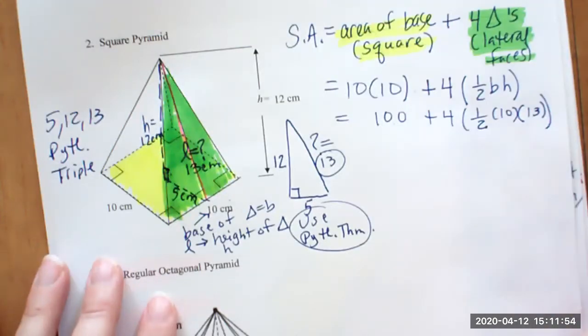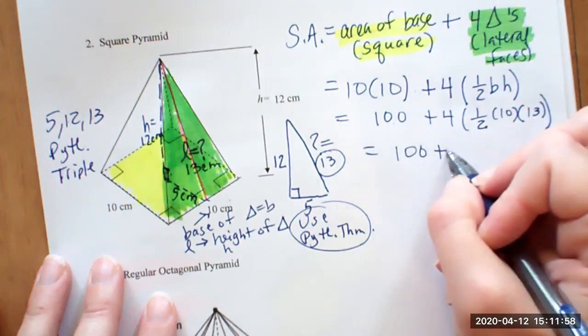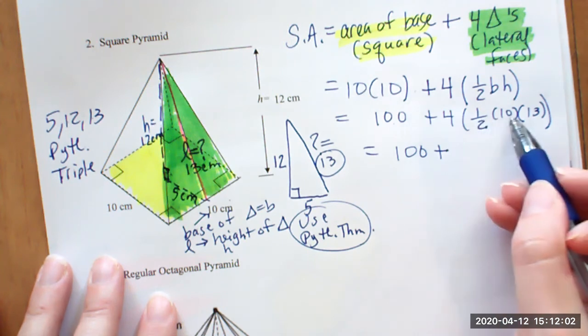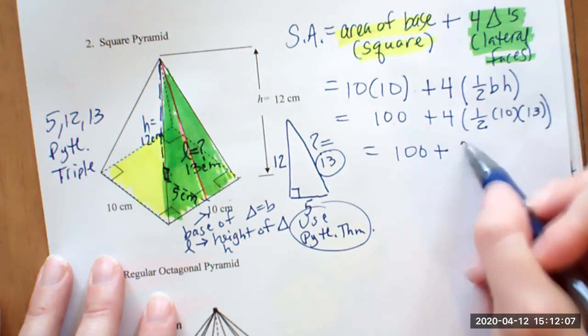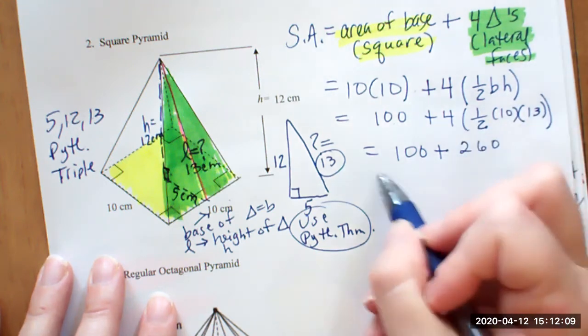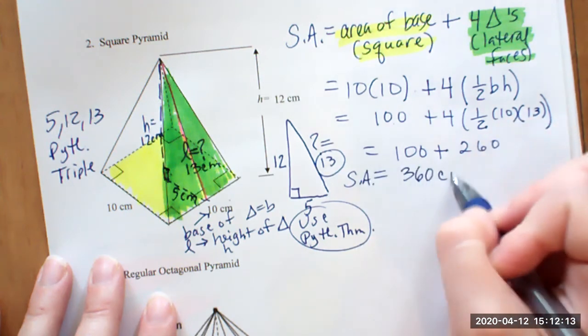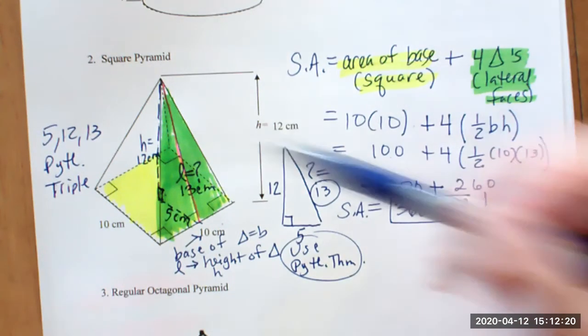And now I can figure out my surface area. So I have 100 plus, when I multiply this out, half of 4 is 2, times 10 is 20, times 13 is 260. And so my surface area is going to be 360 square centimeters.